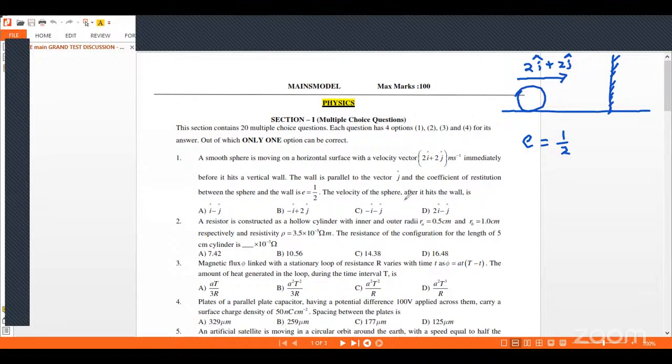We need to find the velocity of the sphere after it hits the wall. Let us consider this is the initial velocity of the sphere.